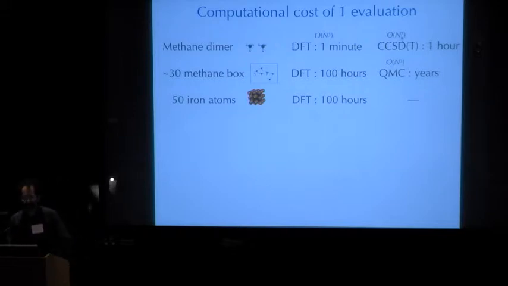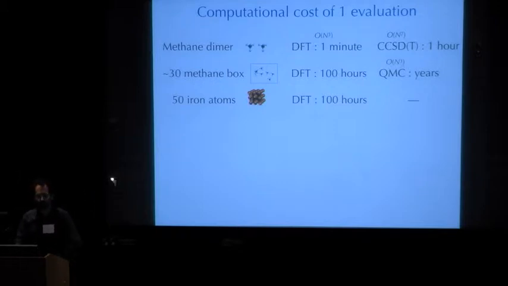And that scales as order n to the 7. So you might do 3 methanes, but you're not going to do 4 methanes very often. There are also other methods that go beyond DFT. There's quantum Monte Carlo. It scales as order n cubed, but it has an enormous prefactor.